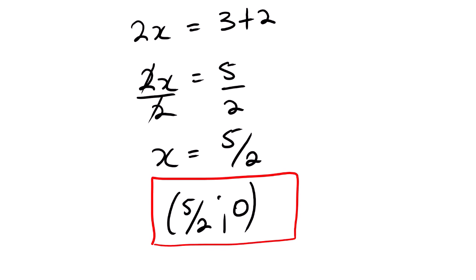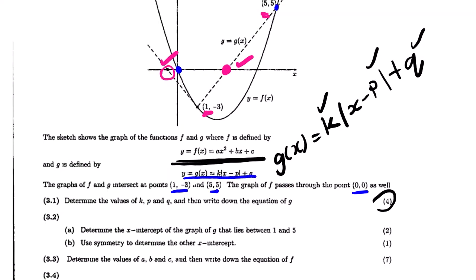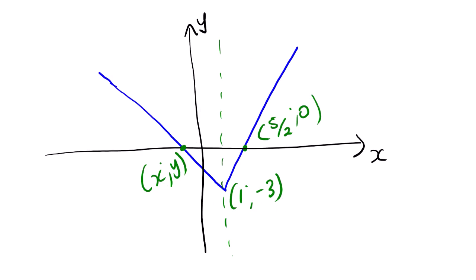Let us quickly move to the next question. We have 3.2b. It's saying use symmetry to determine the other x-intercept. We can use a distance equation, or we can simply use an average equation. For 3.2b, we need to look at the symmetry.